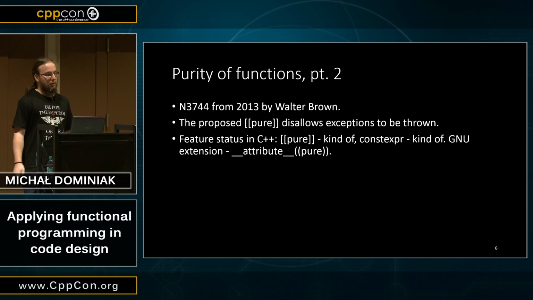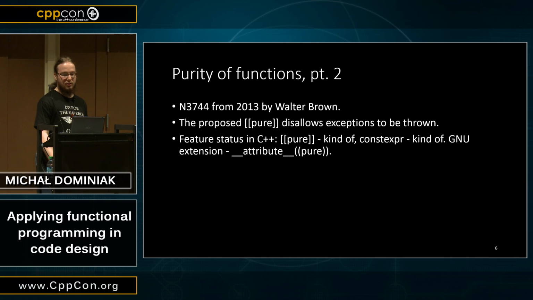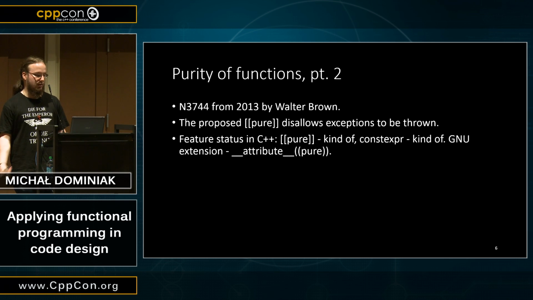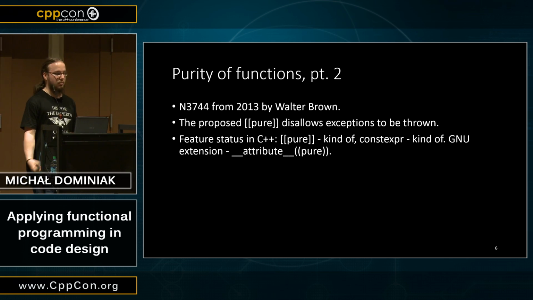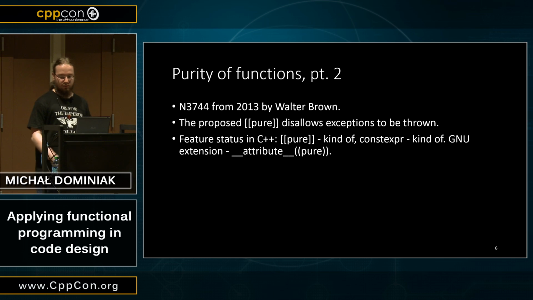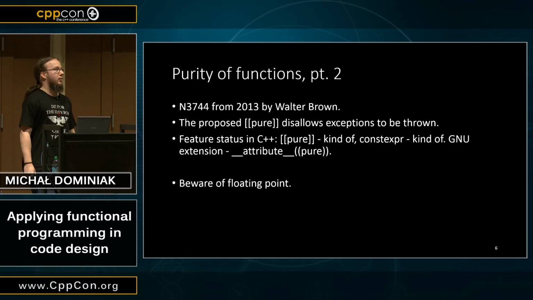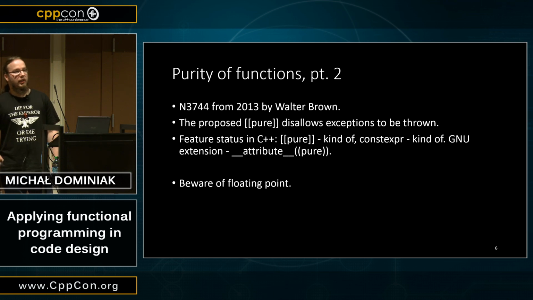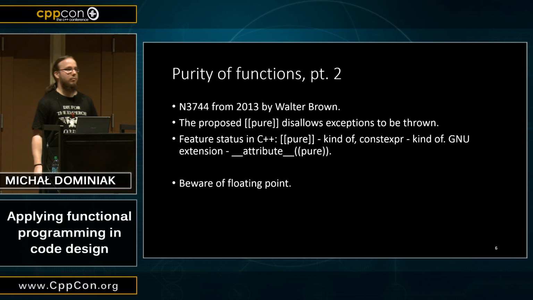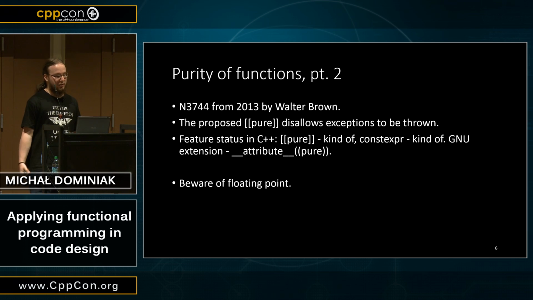And there's a GNU extension for this, attribute pure. It's supported by GCC, it's supported by Clang, and it's supported by ICC. So it's quite widely available. And one last point here is that the intuition would be that mathematical functions should be pure.